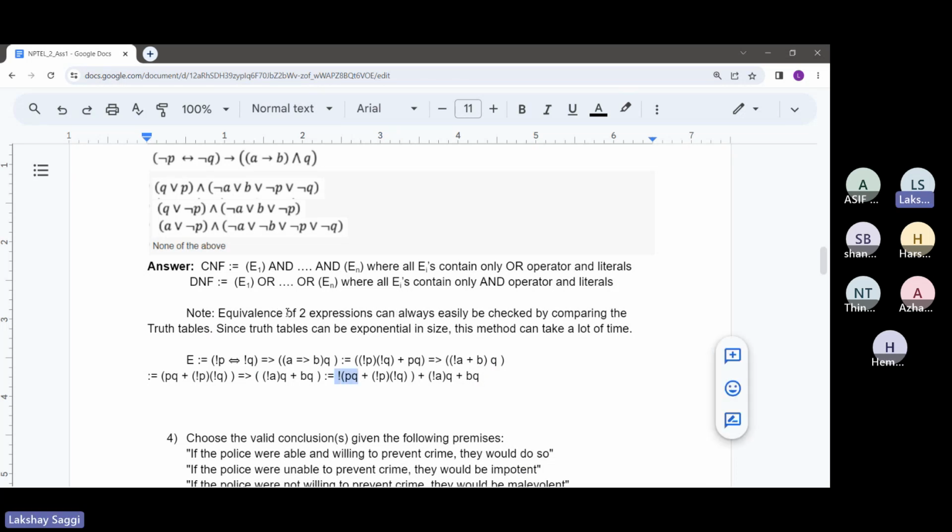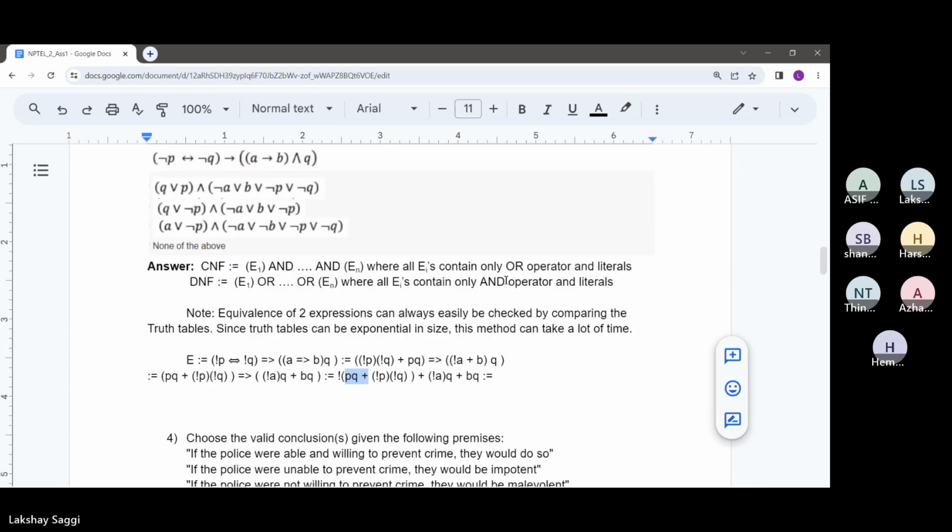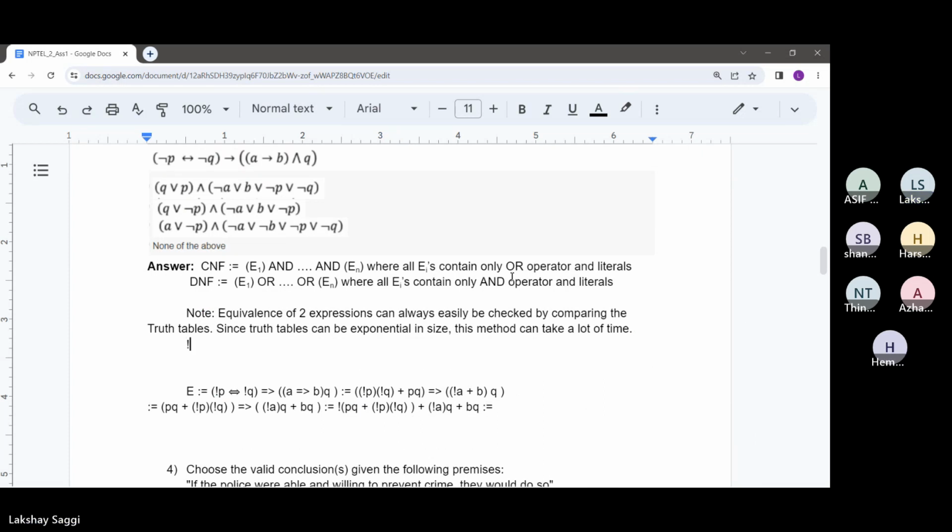And now this not of PQ can be resolved to this. You must have also seen De Morgan's law, I believe. Maybe I'll add this also as a note: not of PQ is equivalent to not P plus not Q. So this is De Morgan's law.